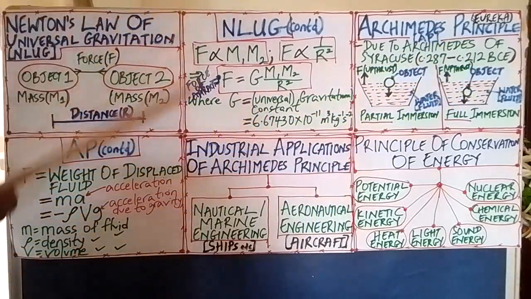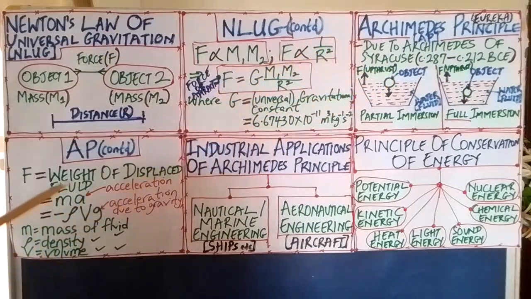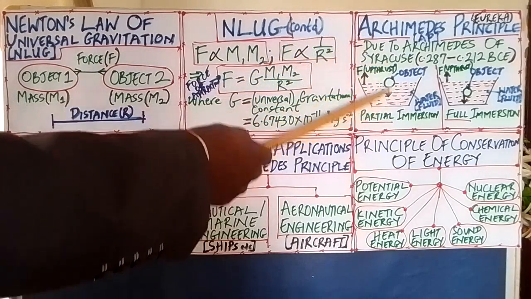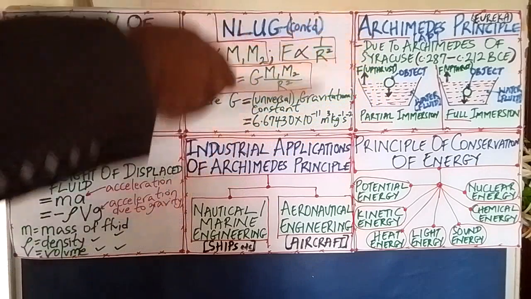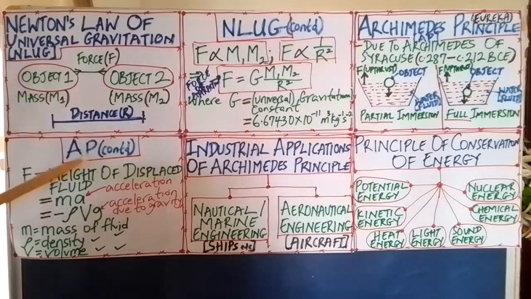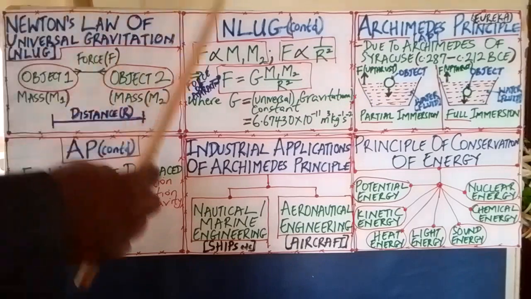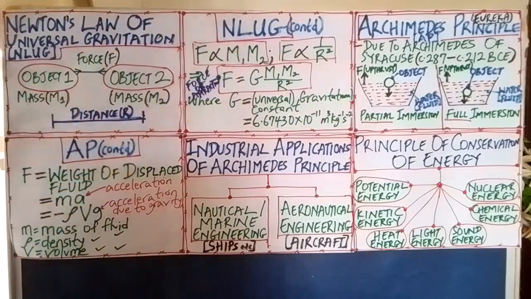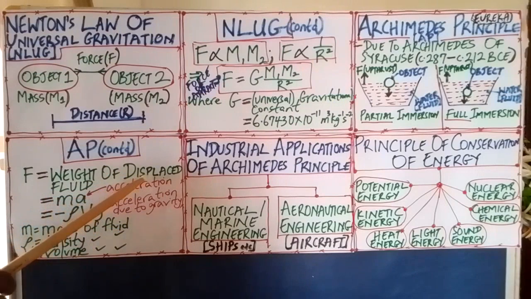And we can look at how the equation works: when you jump into the water, or an object is immersed into the water partially or fully, it displaces water. There is an upthrust, a force that brings water out, such that that force is equal to the weight of the displaced fluid.